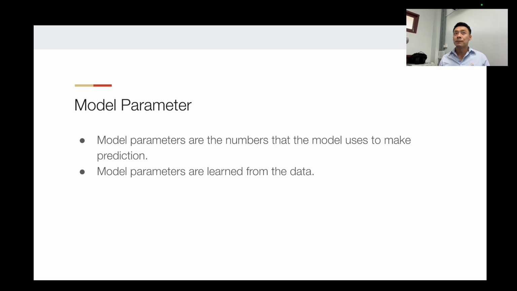Any model that we see from now on, I'll use this word parameter. And we are in supervised learning, so we will learn the parameters from the data.